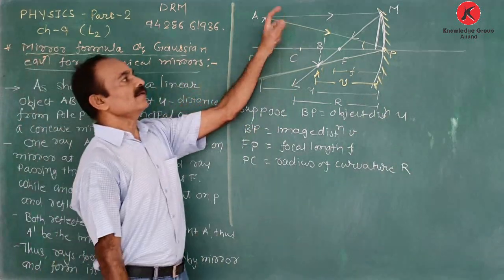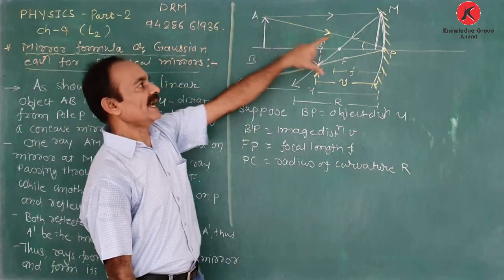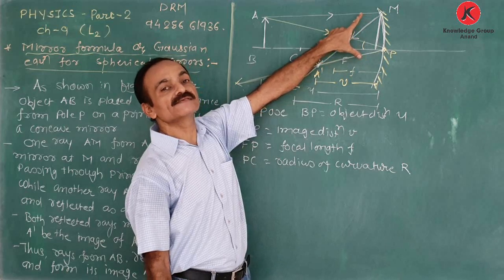Okay. Now the incident rays are paraxial and the aperture of the mirror is very small.